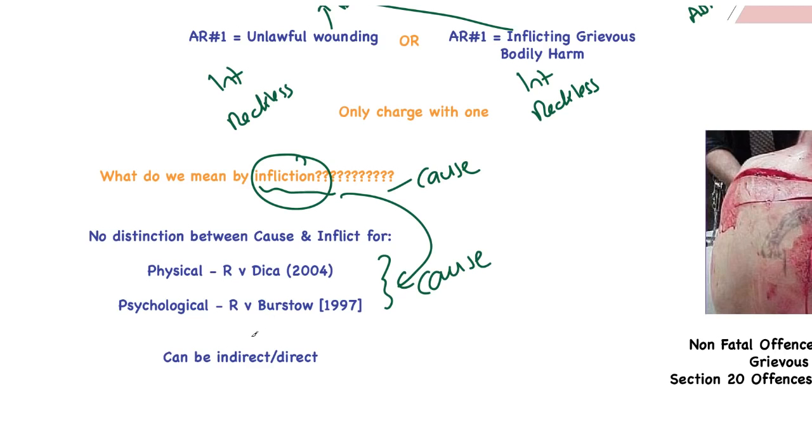Infliction means cause. I'm not going to labour that and I'm not going to spend a huge amount of time on it, because it's relatively straightforward and it's not going to use a huge amount of your time when answering questions. But just be aware that the normal rules of causation will apply whether it's physical or psychological injury.